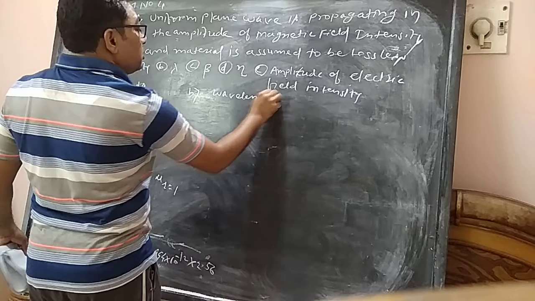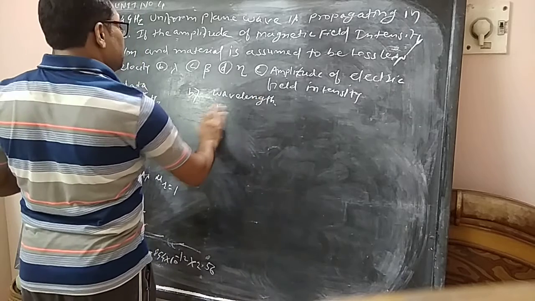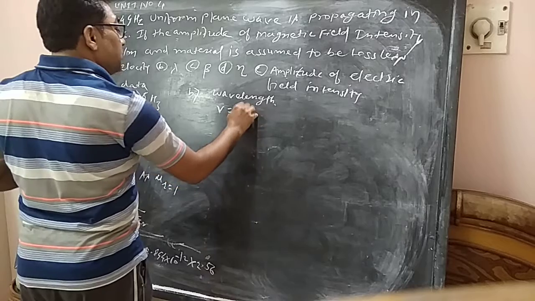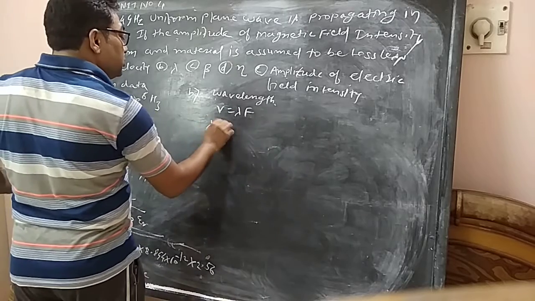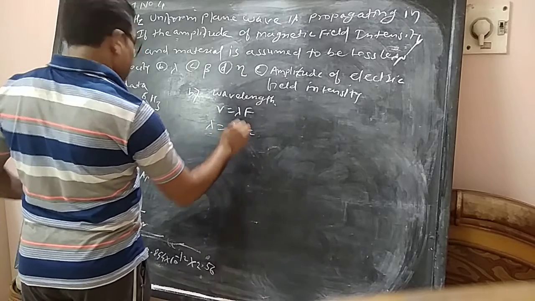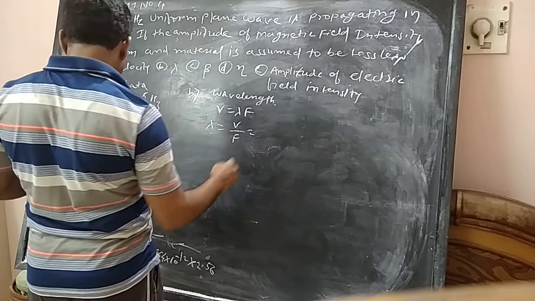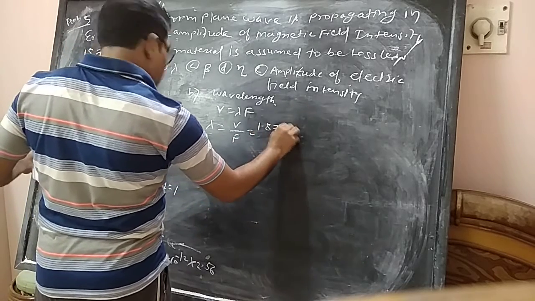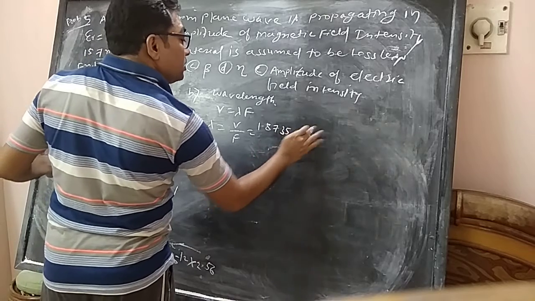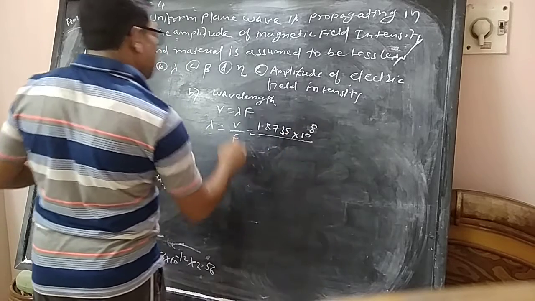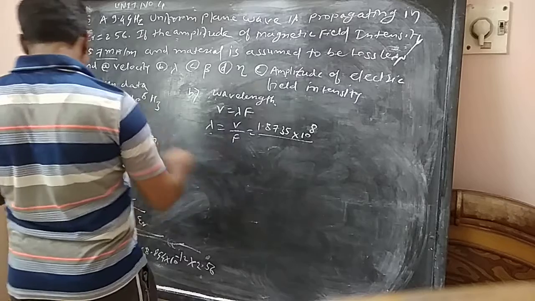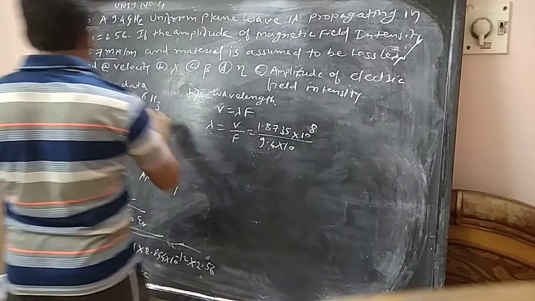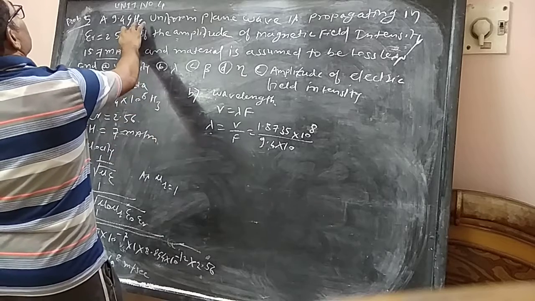The formula to find lambda, we have velocity: V equal to lambda into F. So lambda will be equal to V divided by F. Velocity we have just calculated, so it is 1.8735 into 10 raised to power 8, divided by frequency, which is given, that is 9.4 gigahertz.